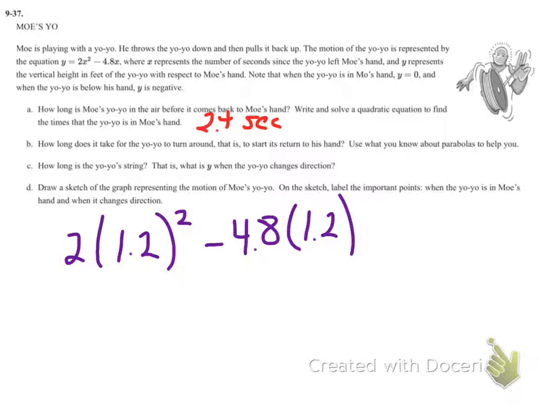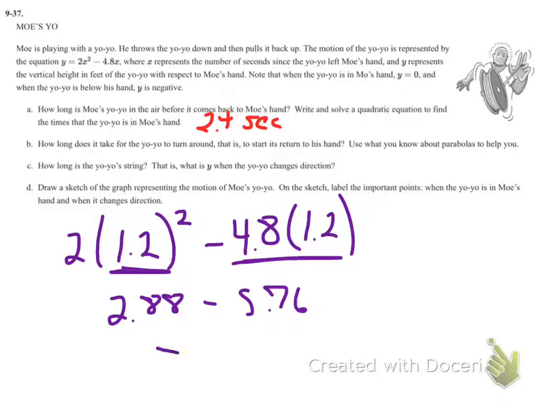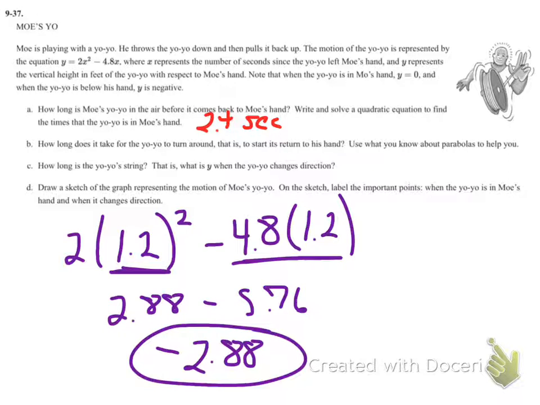So 2 times 1.2 squared: I need to square this first, and then multiply it by 2, and I get 2.88. Minus, I multiply these two together, I get 5.76, and when I subtract those, I get a negative 2.88. That is the distance in feet that the yo-yo's string is going to be.